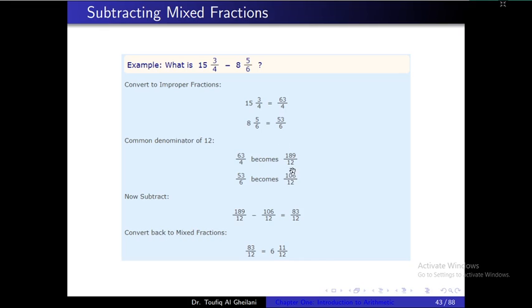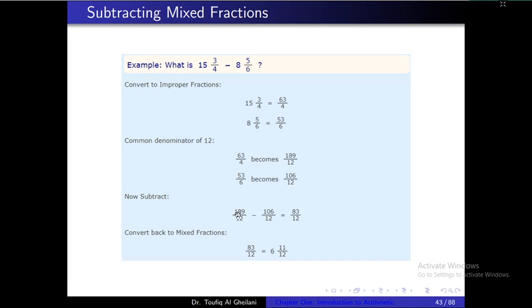Now the denominator is the same, 12, so 189 over 12 minus 106 over 12.